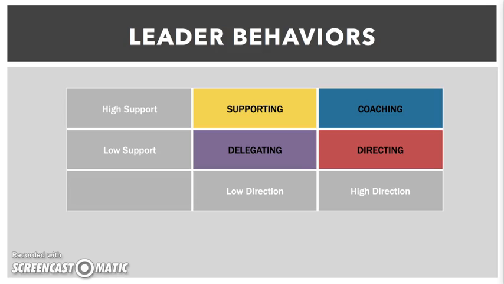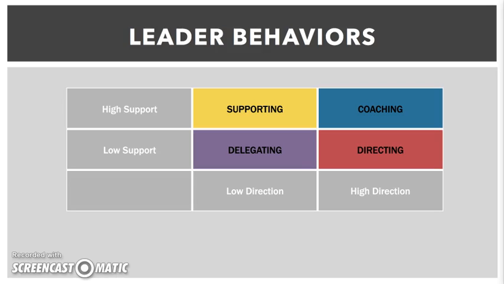That's a directing leader. That's just the person who's saying, do this, do that, and isn't really asking for questions or input. Then they transition, still in high direction, to somebody who's more high support with high direction, that's a coaching sort of role. And then you go over to the low direction side with high support, from coaching to supporting, and then ultimately low direction, low support is where you get a delegating style.